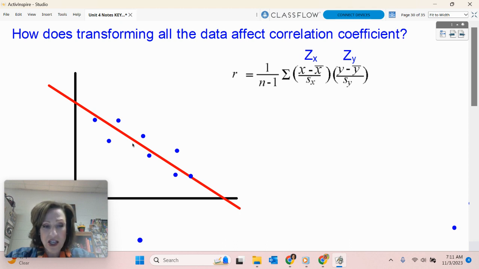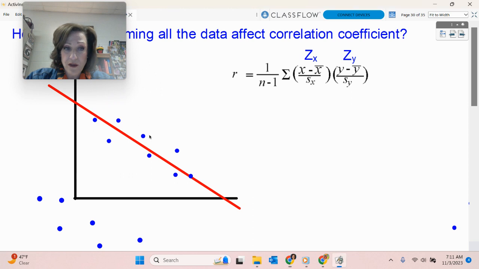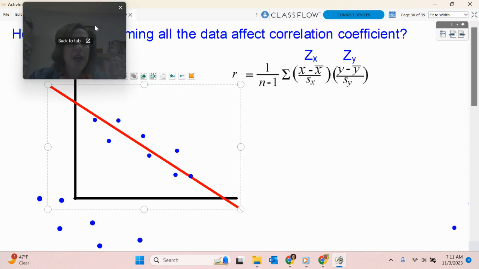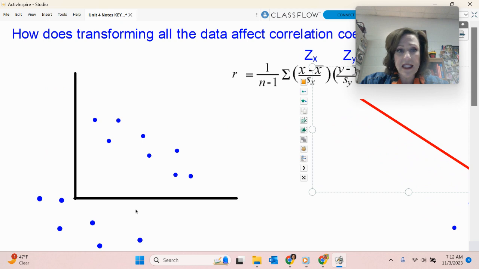The only change that could affect the value of the correlation coefficient is if you had taken all the points, and so here we're going to end up moving them all here. So if you took all these points and then you changed them by multiplying, let's say that you multiplied all the x values by a negative.